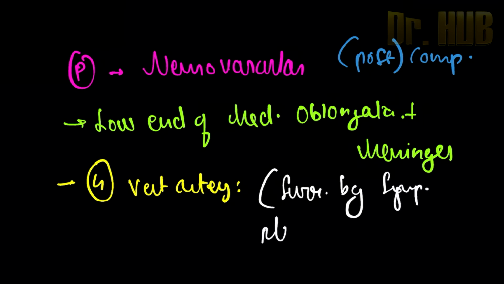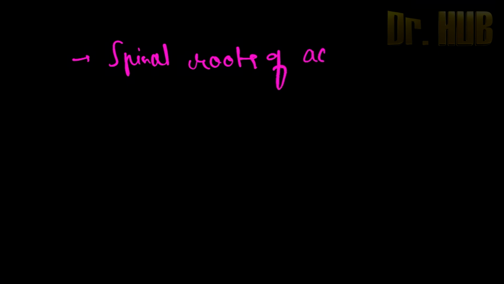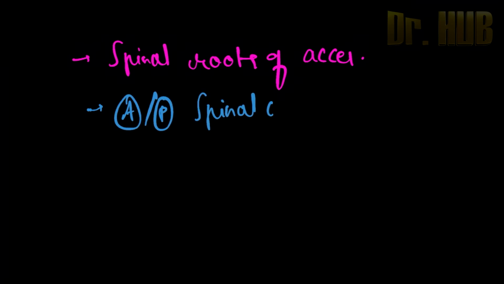Now moving ahead, the spinal roots of the accessory nerve are also present, the anterior and posterior spinal arteries, and also the tonsils of the cerebellum.